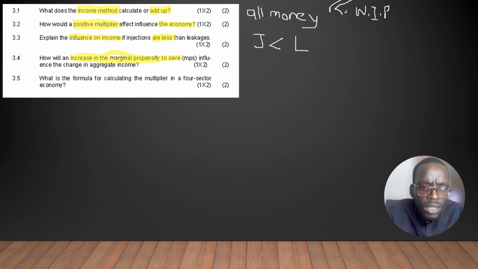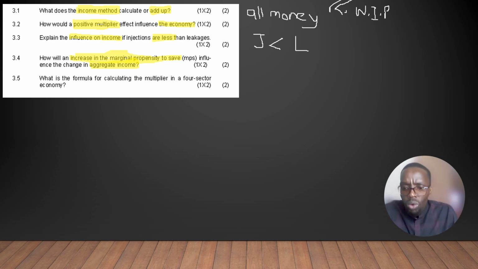Then what is its influence on the change in aggregate income? How is it going to affect the change in aggregate income? So this is what learners needed to understand.